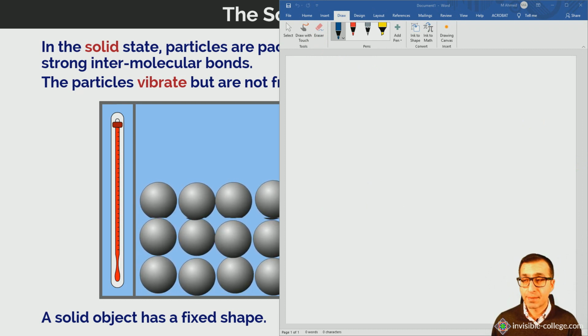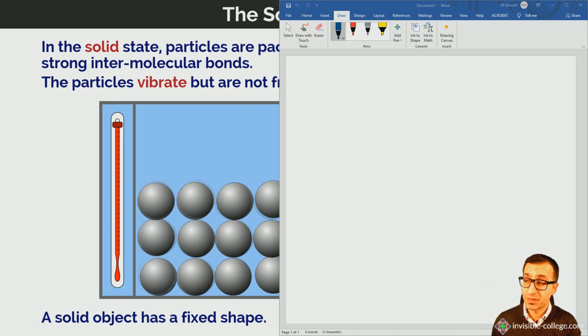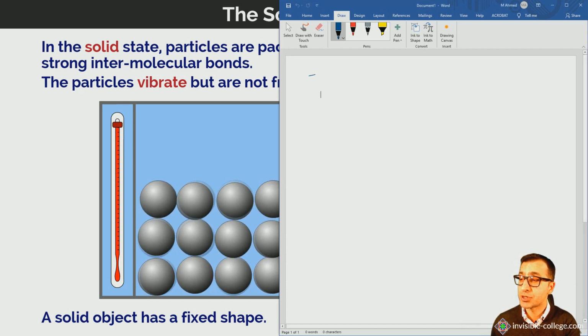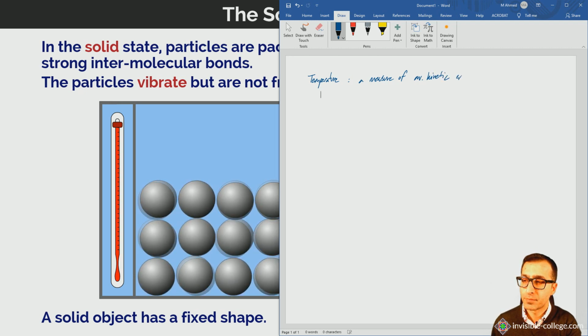We can define temperature in a very basic way as being a measure of hotness or coldness, but the more rigorous theoretical definition is that it's an indirect way of measuring the average kinetic energies of particles. So the higher the temperature, the higher the average kinetic energy.